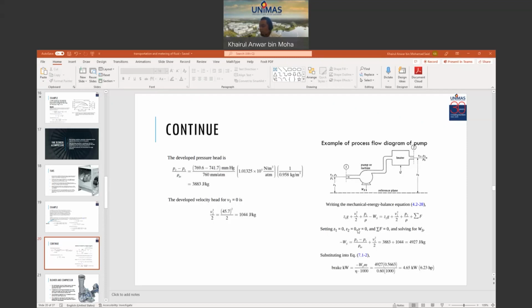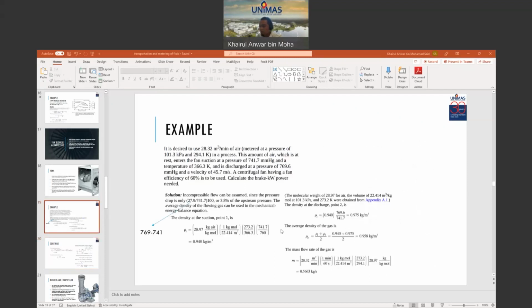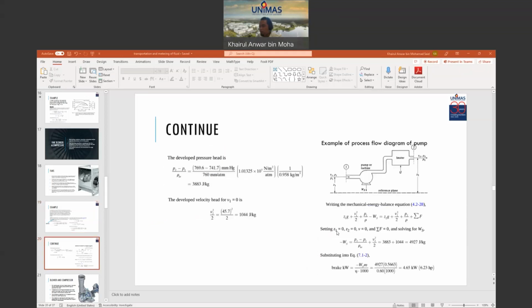Z1 and Z2 are 0 because they are not given in the question, so we can assume 0. Maybe it's the way the fan is designed, in which the datum for Z1 and Z2 is similar. Friction loss is assumed negligible in solving for mechanical energy.